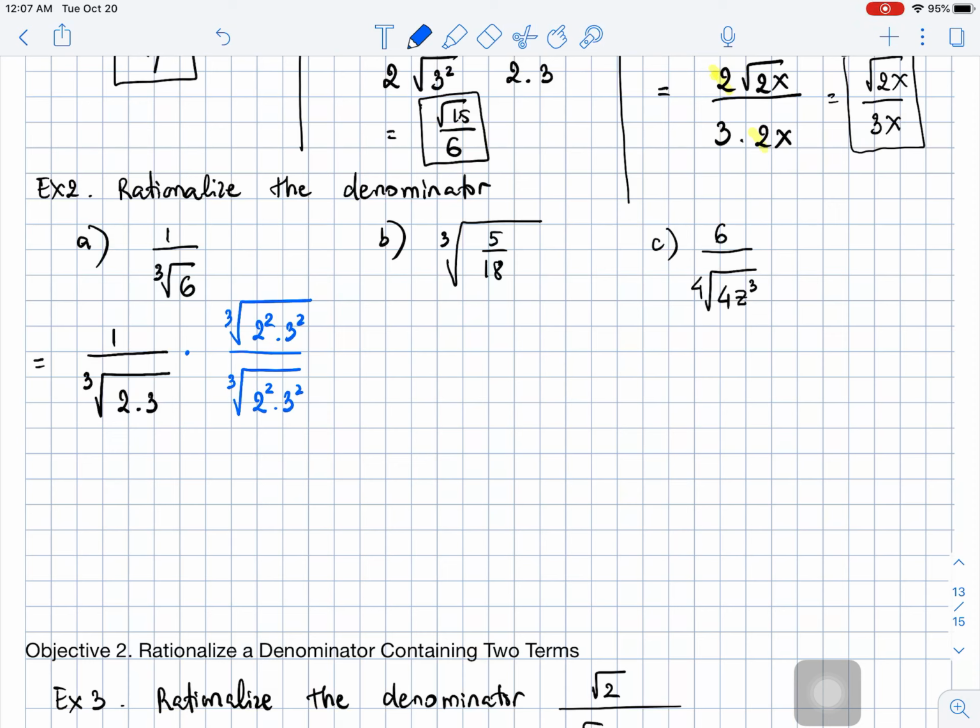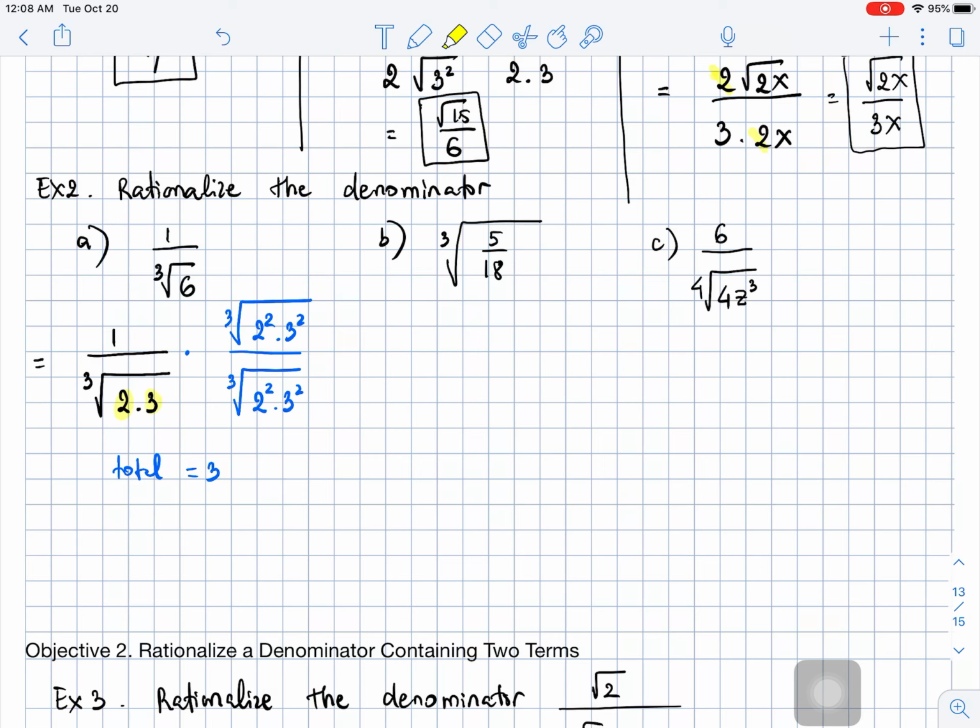You notice that the exponent of the 2 and the 3 is 1 for each. So we will multiply by the cube root of 2 squared and 3 squared, top and bottom. The idea is that you look at the index, so the total of the 2 you should have is 3 because the index is 3.